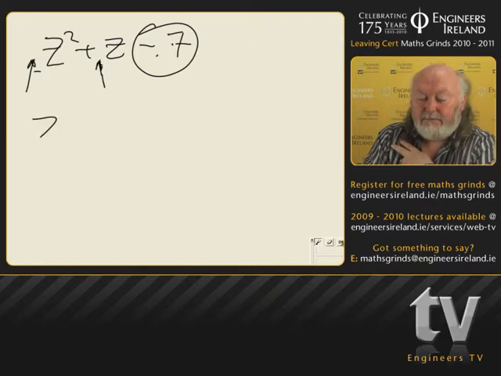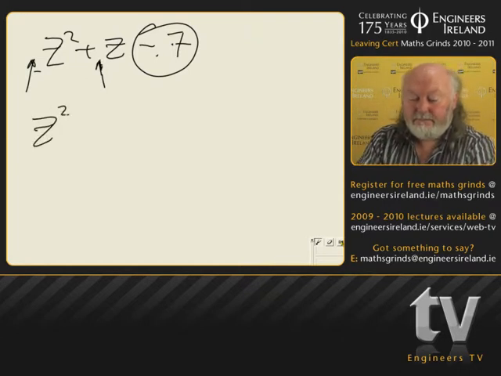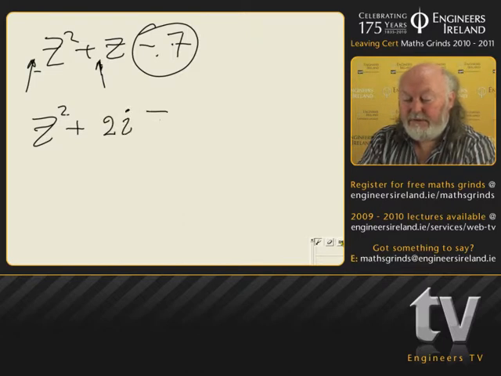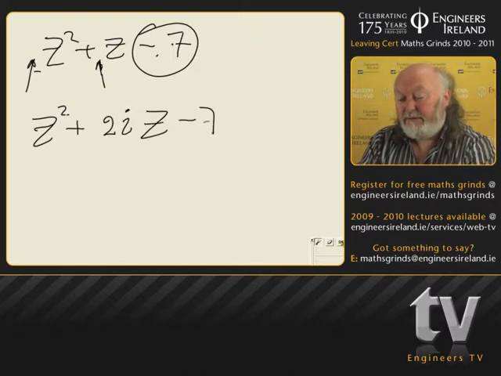In a different equation, let's just say z squared plus 2iz minus 7.